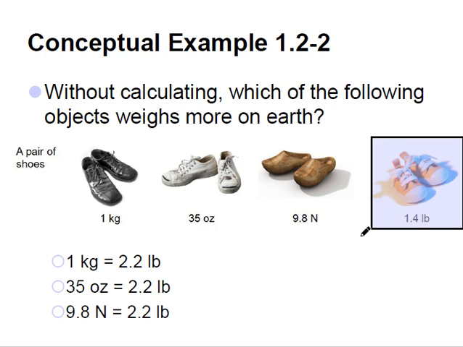So let's see the information they give you. 1 kilogram is equal to 2.2 pounds, 35 ounces is equal to 2.2 pounds, 9.8 Newton is equal to 2.2 pounds. So these weigh about the same, but this one is only 1.4 pounds.